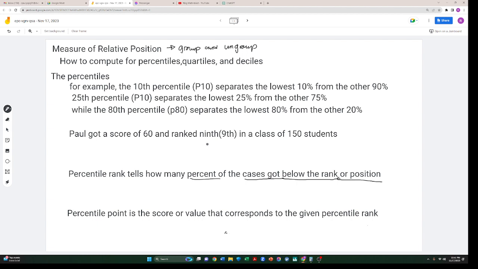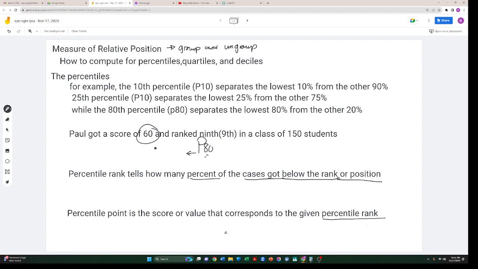So 80 percentile, which means katong na cases got below the rank. So below sa 80% or equal sa 80%, below na siya na position. Okay? So, nasabtan na ninyo. Then percentile points is the score or value that corresponds to the given percentile rank. So akong score is 80, that is the percentile points.